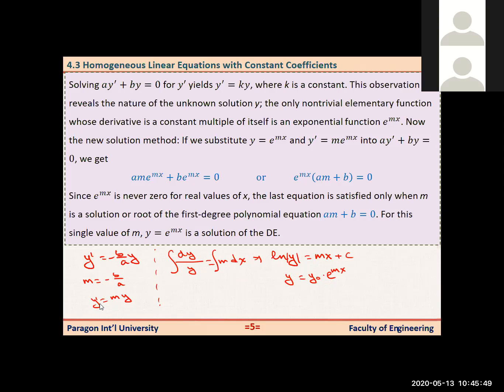Okay, and from this equation, y prime is equal to m times y, right? Do we know any function that, when we differentiate it, just gives us a constant multiple of the original function? The only such function in math is the exponential function, which when differentiated is equal to itself.